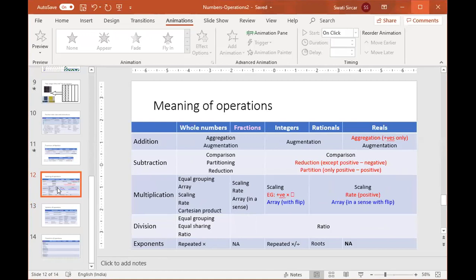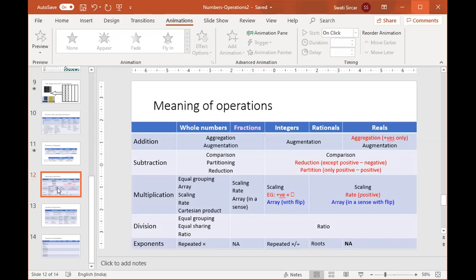You don't have to create it yourself. You can look at the textbook and pick up a problem from there. If a textbook doesn't have something, because for example, Cartesian product is usually ignored, very rarely will you find a problem that uses Cartesian product in an Indian textbook.